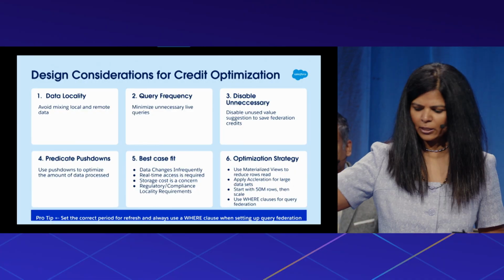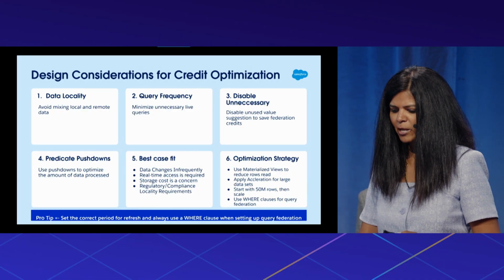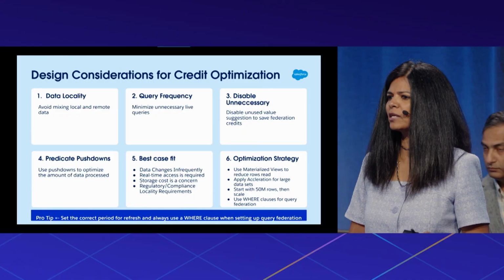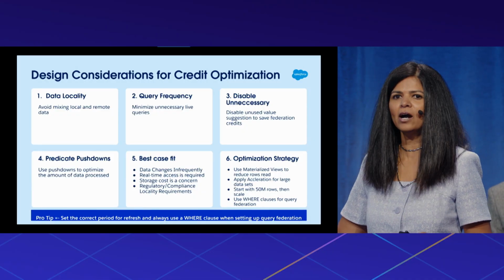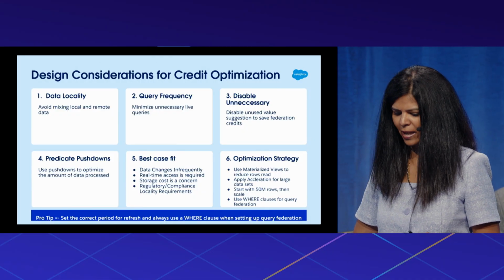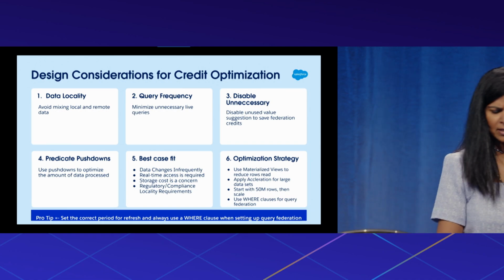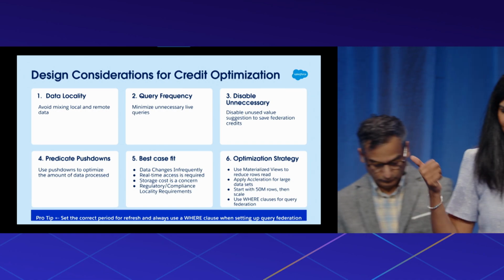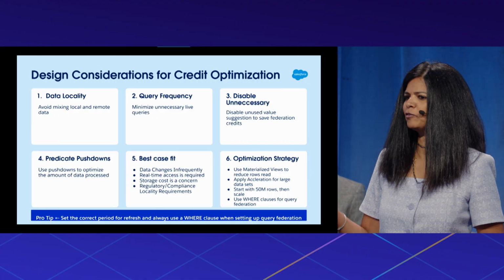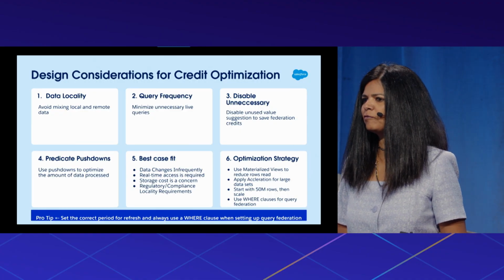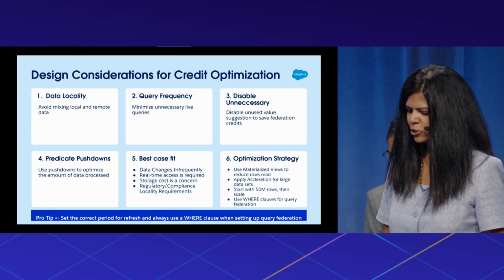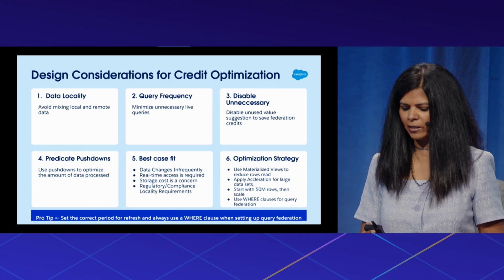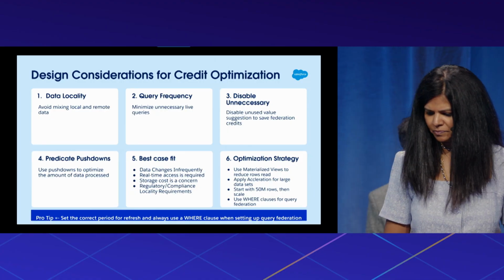Start small, then go to your use case. And as I mentioned with the predicate pushdowns, when you're using queries, make sure you apply a where filter when you're trying to bring back the data. Again, there's a tip at the bottom. Set the correct period for refresh if you're doing acceleration. If it doesn't have to be refreshed every 15 minutes, don't refresh it. And then always use a where clause when you're setting up query federation.